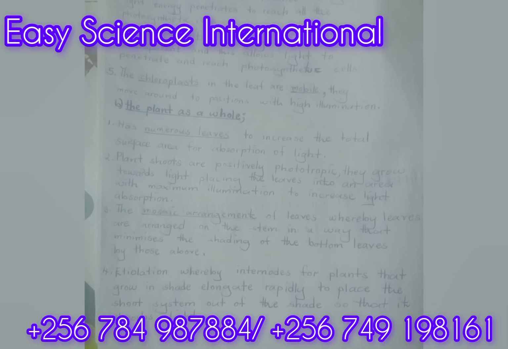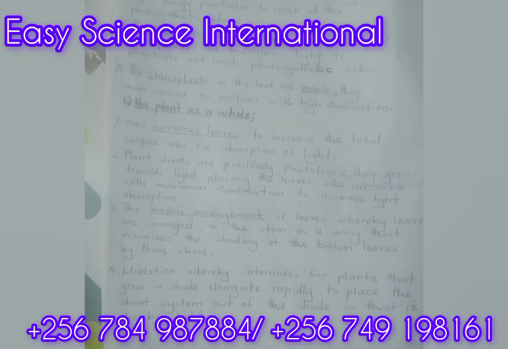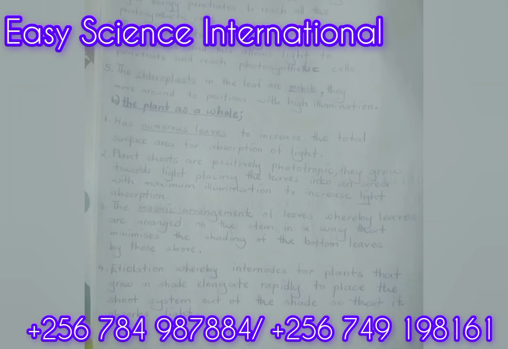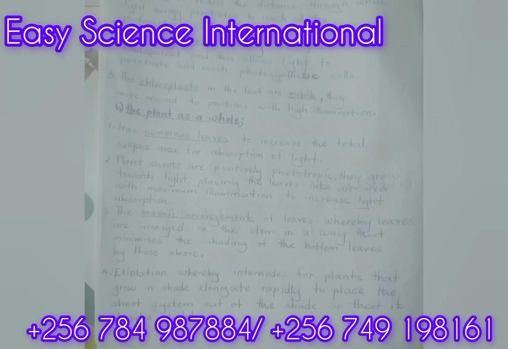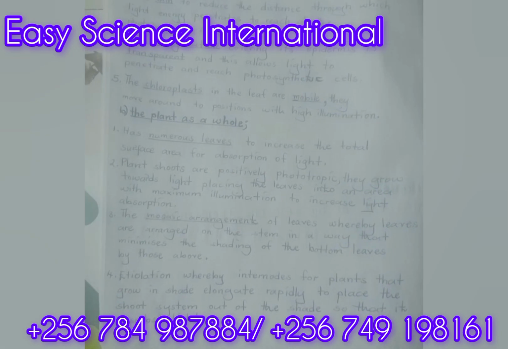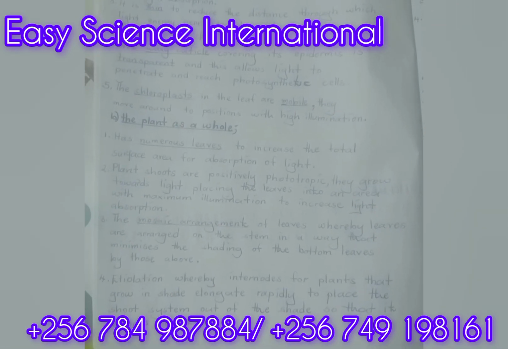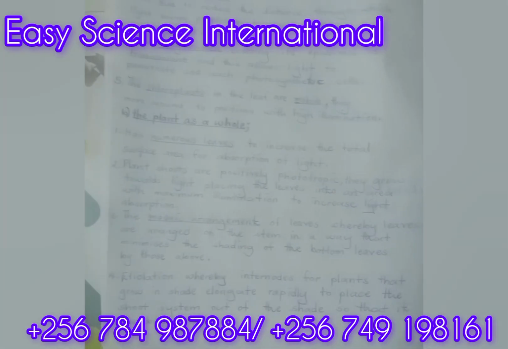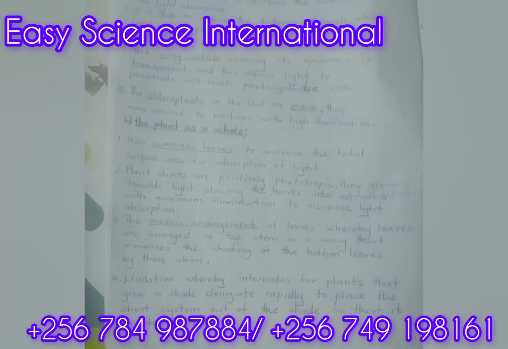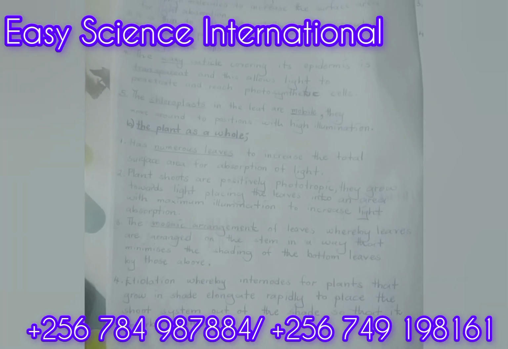Fourth is etiolation. Etiolation is whereby the internodes of plants that grow in shade elongate rapidly to place the shoot system out of the shade so that it absorbs light. This is very evident in plants under forest canopies.